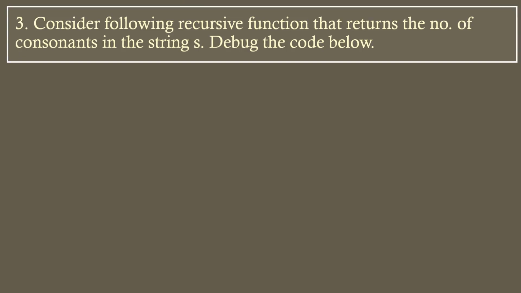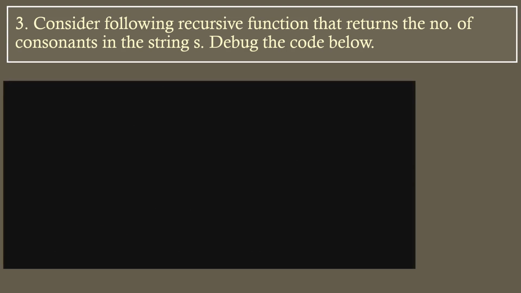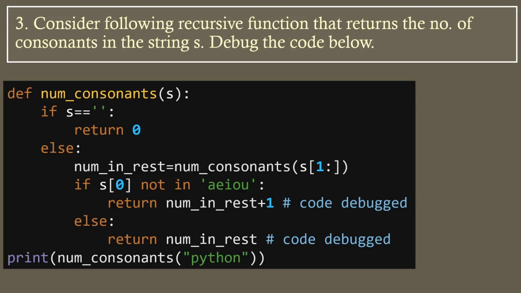Now consider the following recursive function that returns the number of consonants in the string s, and debug the code below. You can see the function is like this: num_consonants, and it is taking a string s as its argument. Now if s equals the empty string, then it has to return 0, which is the base case.